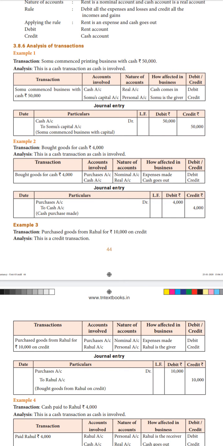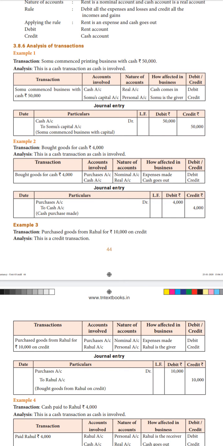For that entry we need to write a narration. Normally narration is nothing but whatever is given in the transaction, you just copy the same in your narration. It is a short description of what we have written as the journal entry. So in brackets you will write Somu commenced business with capital.